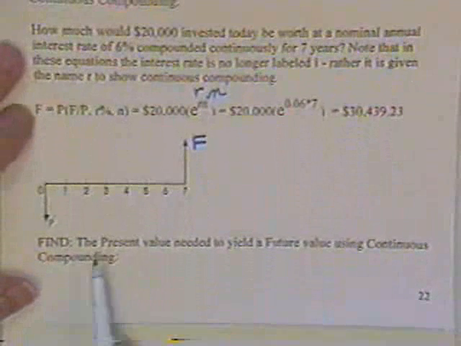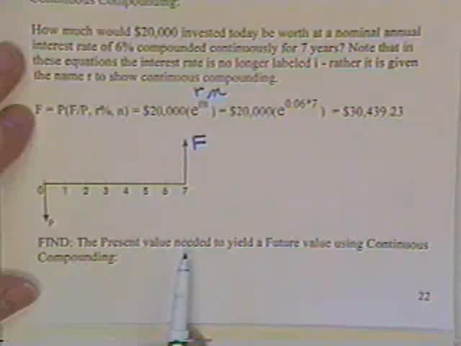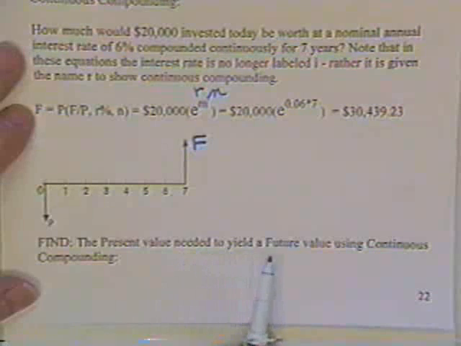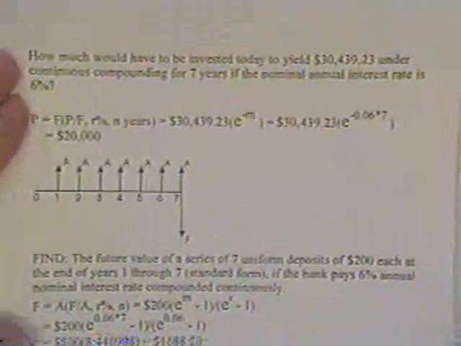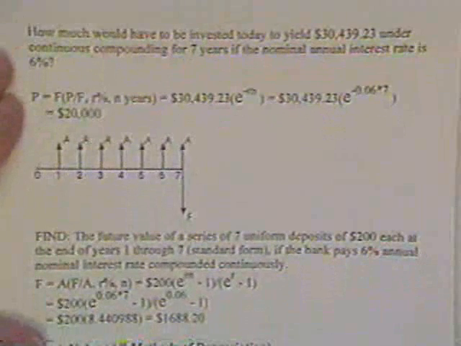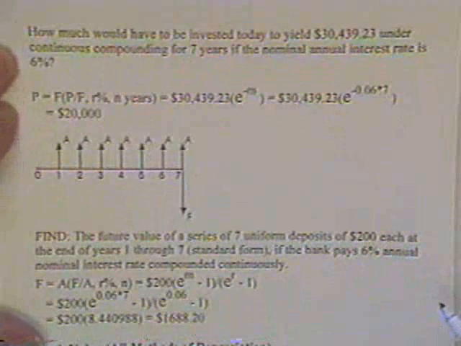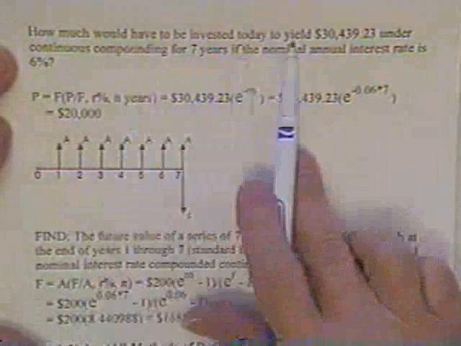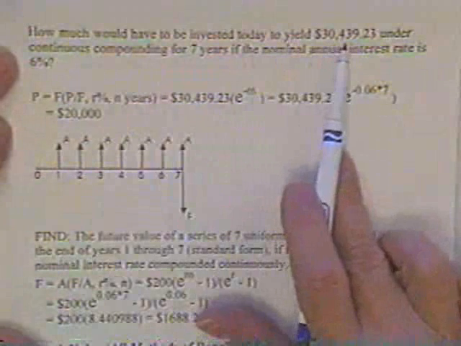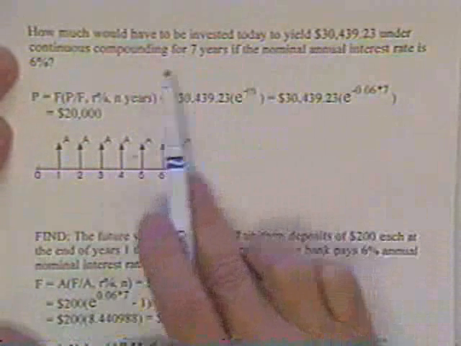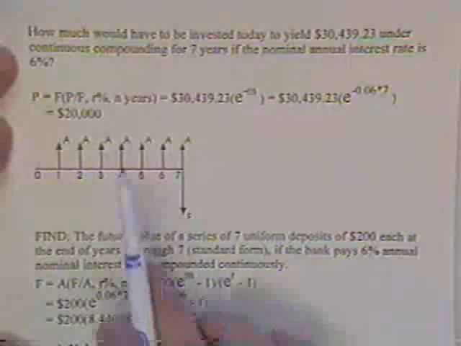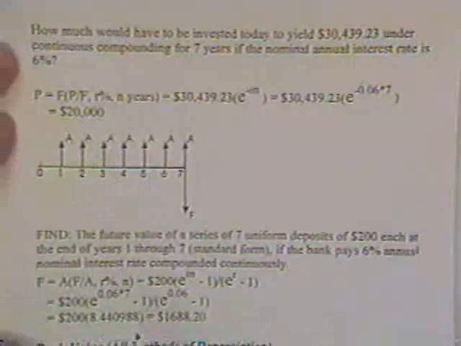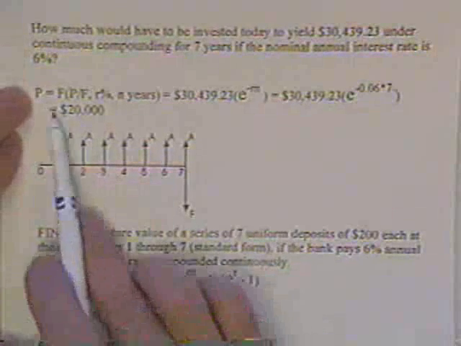Now then, find the present value that you need to invest to yield a given future value. Since I already worked it out, I was loath to not use it again, so I said, how much money would you have to invest today to get $30,439 under continuous compounding for 7 years if the nominal interest rate was 6%? Well, obviously we ought to get $20,000. And we do.